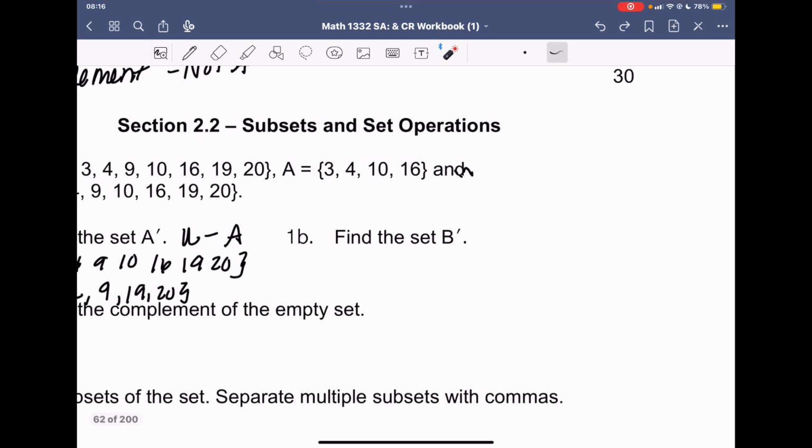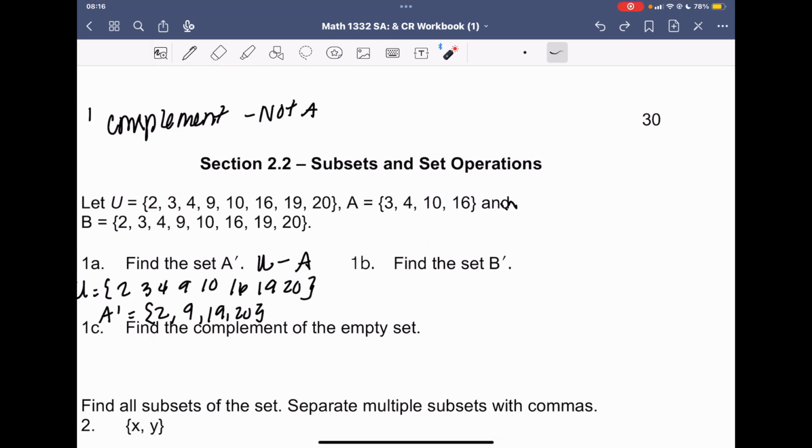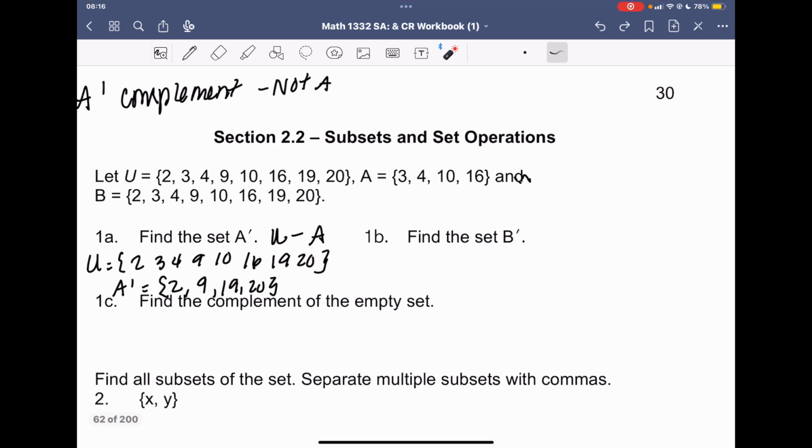So then this one says find set B complement. It's the same thing. Whatever B is, we're going to take out of the universal set. So it's the universal set minus B. And so I'm looking at the list. These are the exact same elements found in each set.